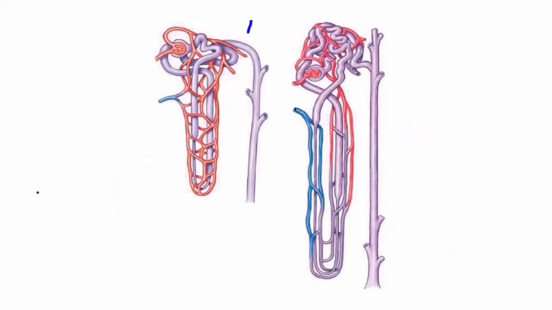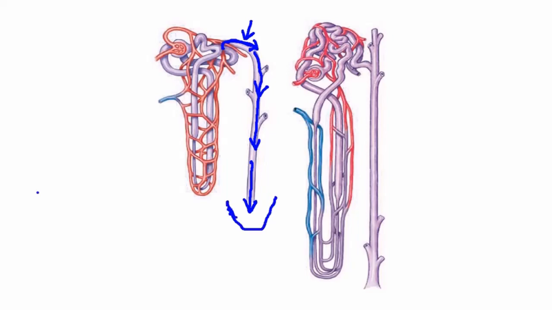And then, as you can see, here's the distal convoluted tubule right here. After everything's gotten squeezed back into the tubule as urine, it empties into this collecting duct. It goes down the collecting duct, and then the collecting duct turns into the papillary duct, and then it goes out the bottom of the pyramid.